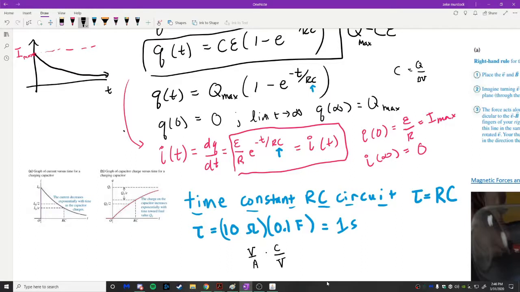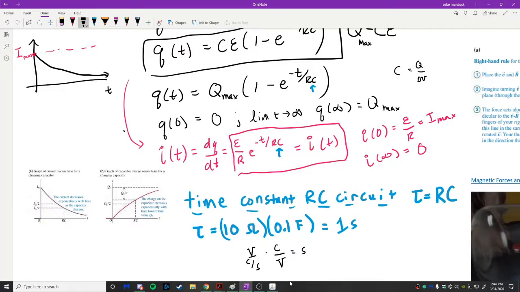The other unit you could use for amperes would be coulombs per second. So we could replace this with coulombs per second, and you see that the volts cancel, the coulombs cancel, and you have 1 over 1 over a second, so you get a second. So we call this the time constant.